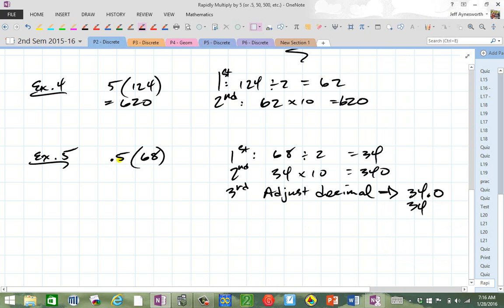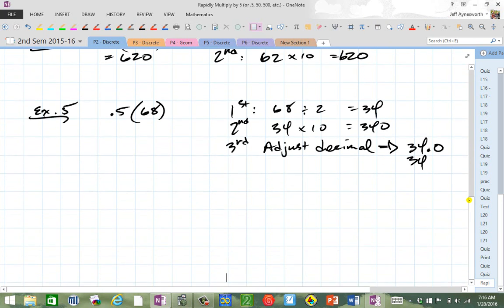Okay, but what if it's 0.05? So something like that, 0.05 or 50. Let's do 50. Okay, so let's say, I'll just make this stuff up, 50 times 128. Okay, so here we go.